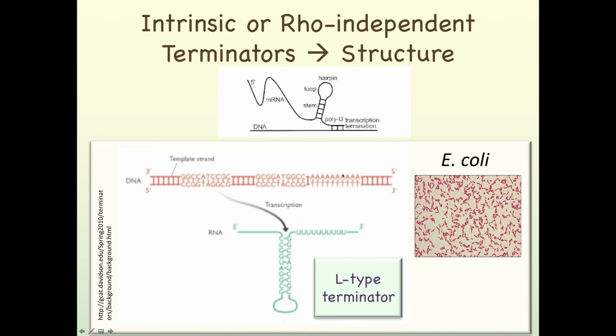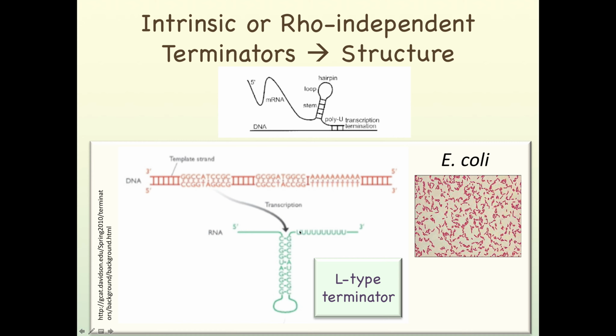The red shows the DNA sequence that occurs after the open reading frame of a gene. What's important about the sequence is that there's basically a palindrome here within the DNA sequence, such that once the RNA is synthesized, it forms a little stem here. There's base pairing between these complementary bases within this palindrome.